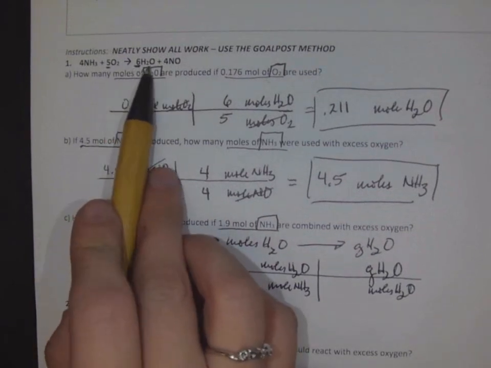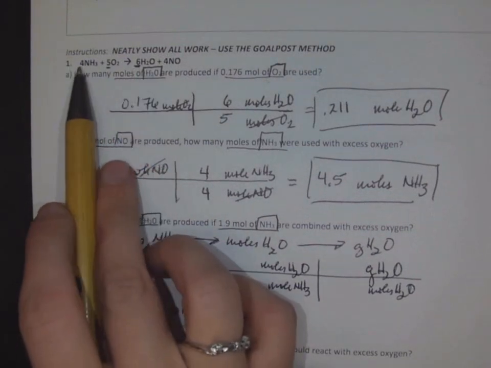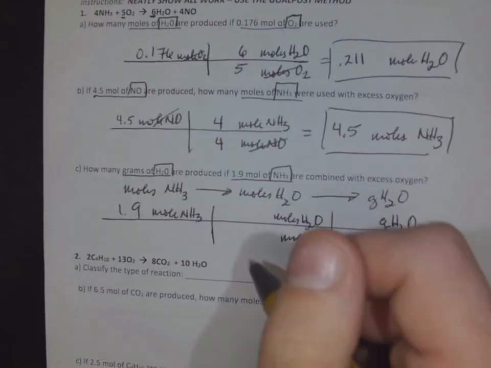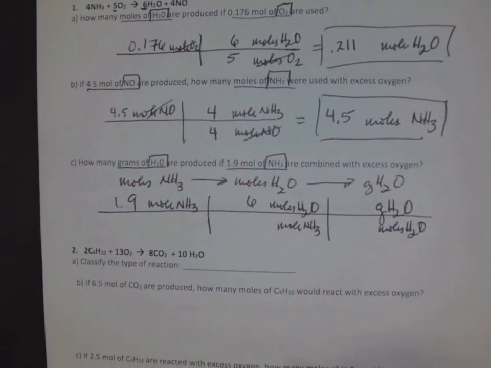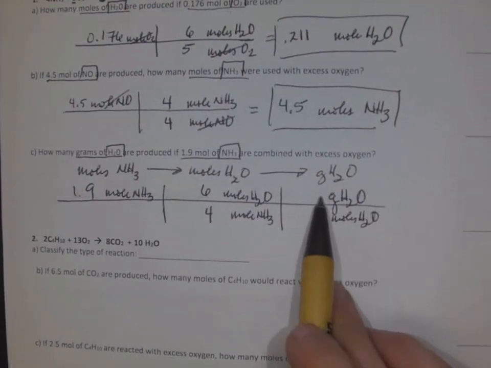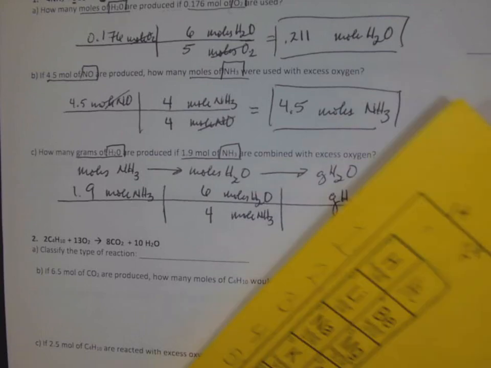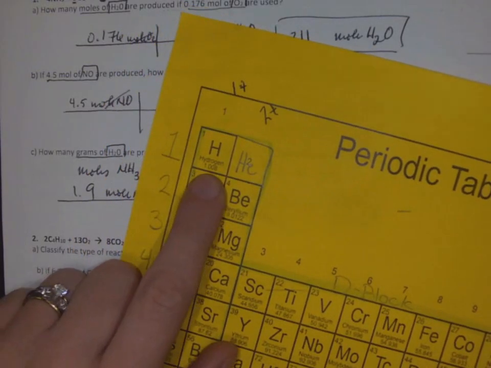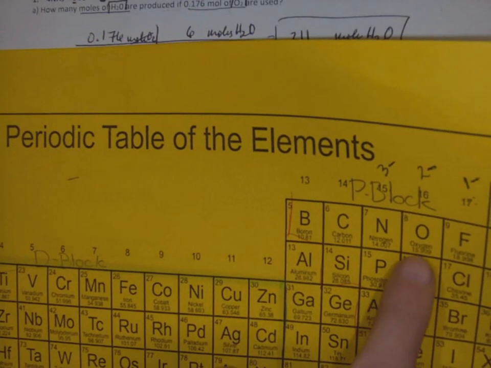It's 6 moles of H2O for every 4 moles of NH3. And then when we see grams over moles or moles over grams, we're thinking periodic table. So 2 hydrogens and 1 oxygen.